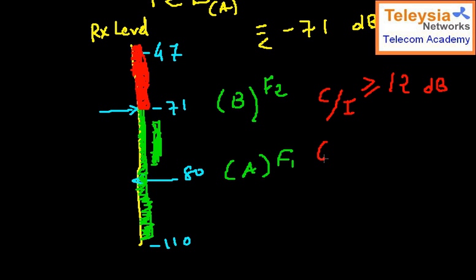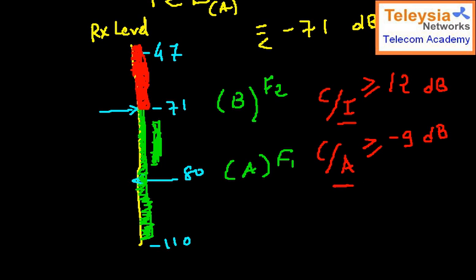And C by A should be equal to or greater than minus 9 dB. Please remember this too: this is co-channel, this is adjacent channel.